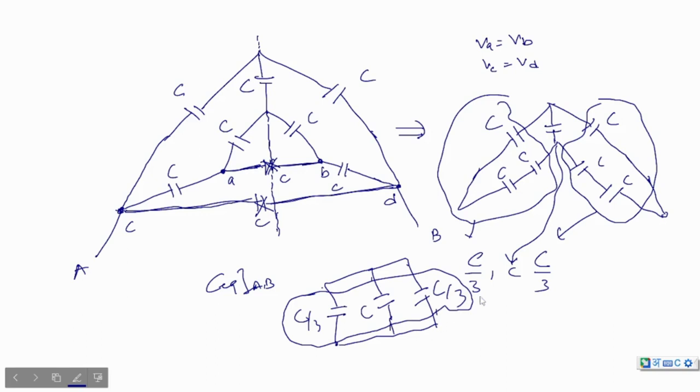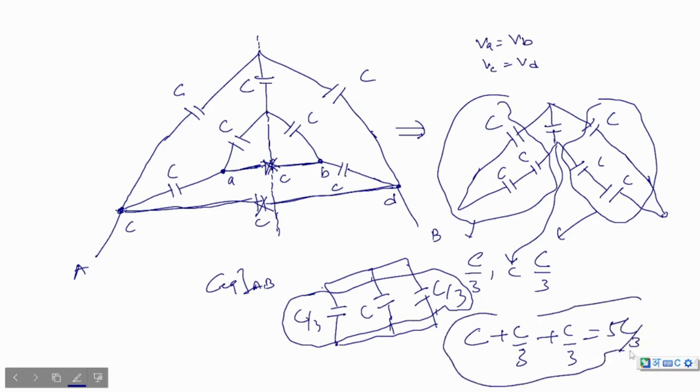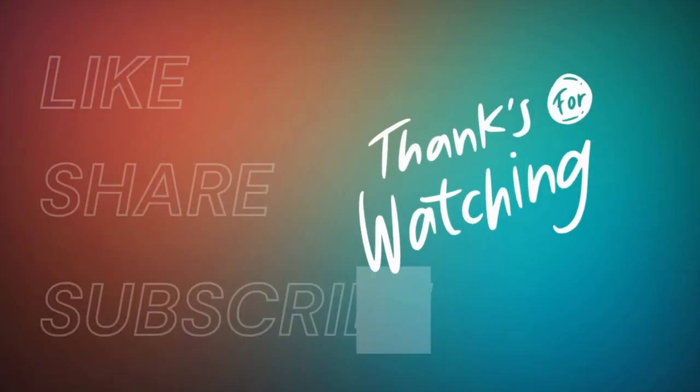So the equivalent capacitance will be C plus C by 3 plus C by 3, that means 5C by 3, the equivalent between A and B. So by this approach, you need to solve these types of problems. Practice more problems on symmetric circuits. Also, finding the equivalent capacitance of a cube skeleton, you need to practice that as well. That is also very important.